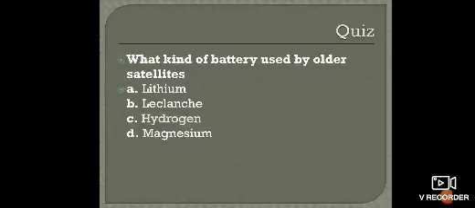So what is the answer? Whether it is lithium, hydrogen, magnesium, or lead. Please note this question.